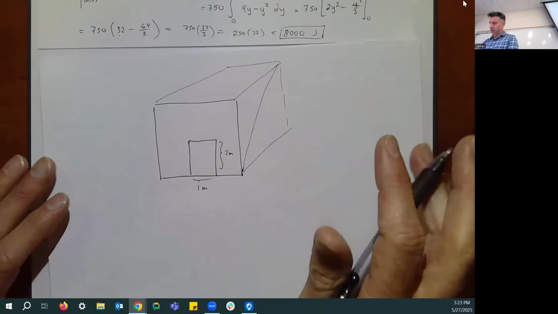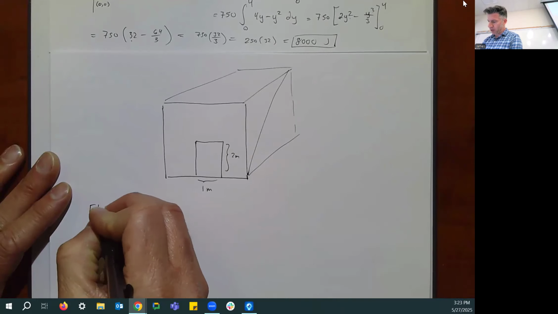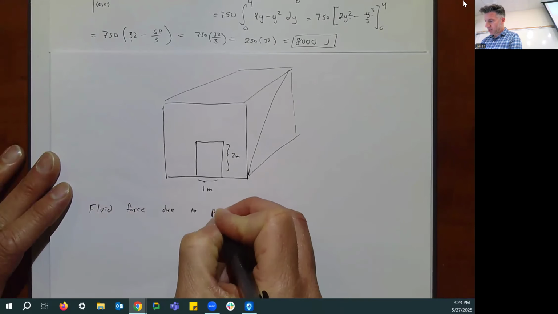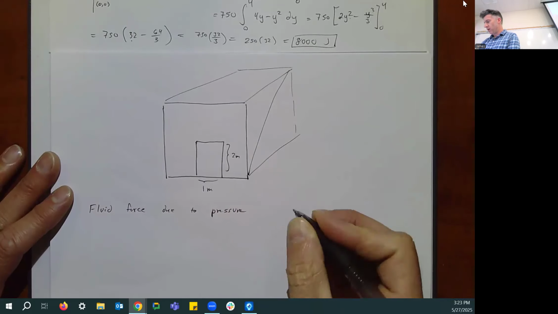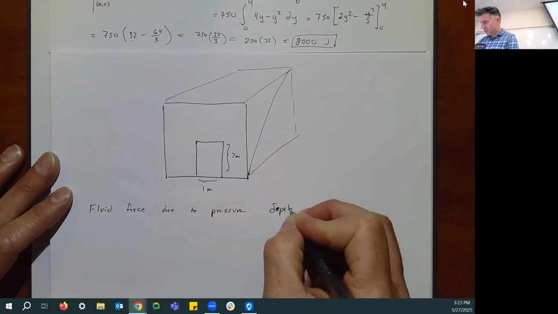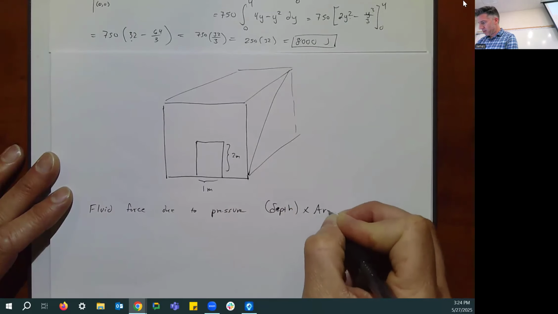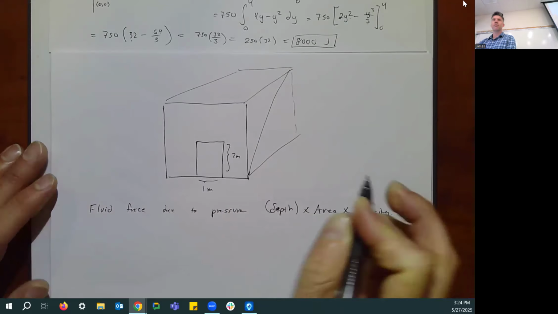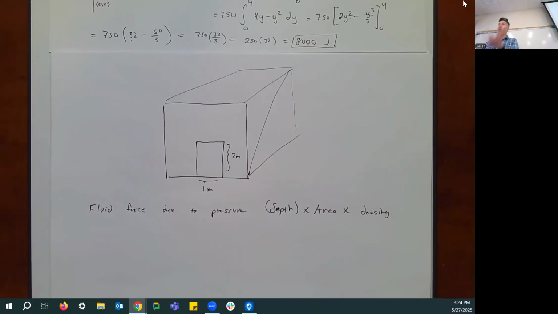Because when we're talking about fluid force due to pressure, it's typically equal to the depth that we're at multiplied by the area multiplied by the density. Because again, if we're trying to calculate force, it should be measured in either newtons or pounds, in this case newtons.